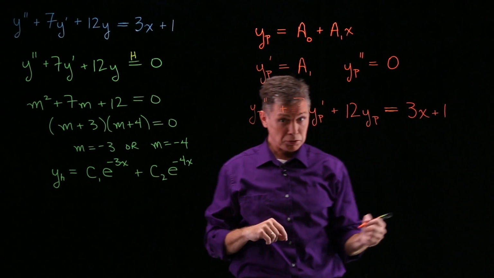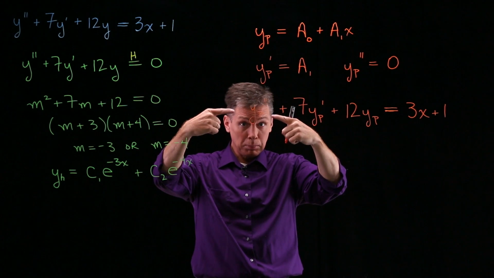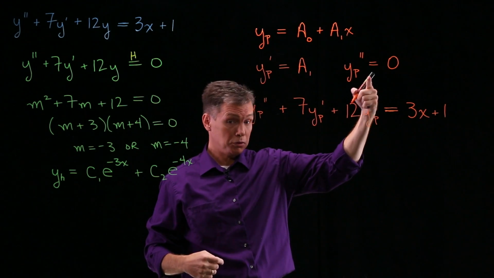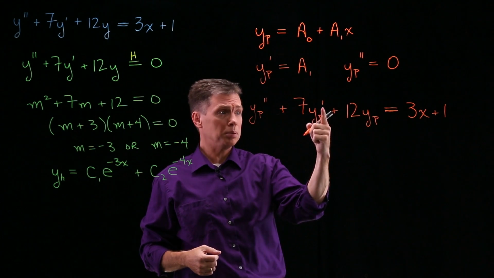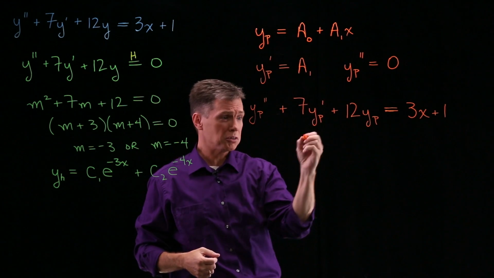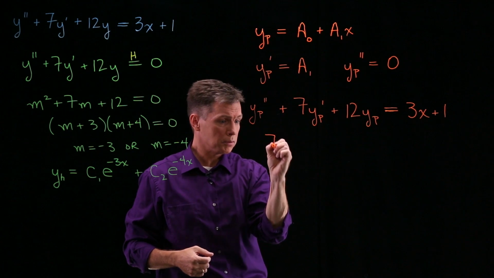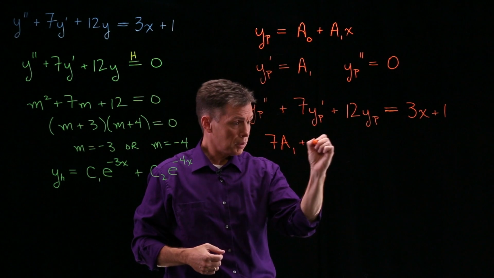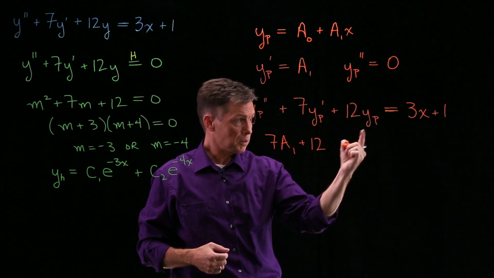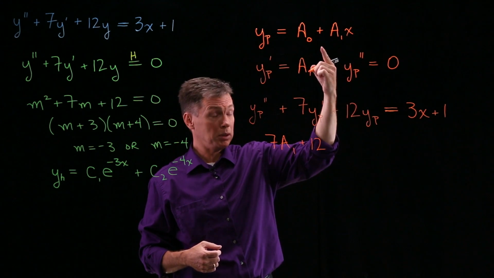So, substituting in, my y double prime sub p is 0, so that's good. 7 times y sub p prime, so 7 times just this a sub 1, 7 a sub 1, plus 12 times y sub p, which is up here.